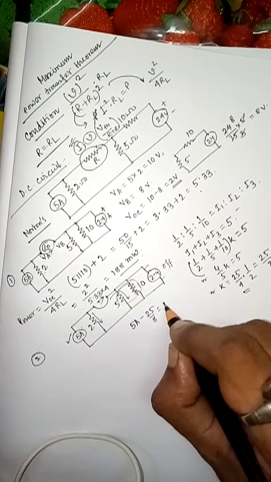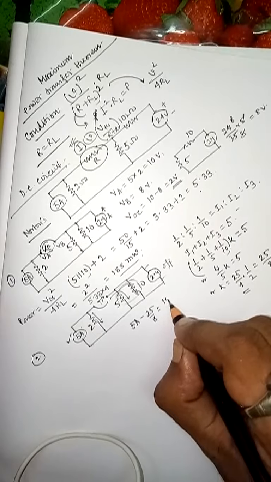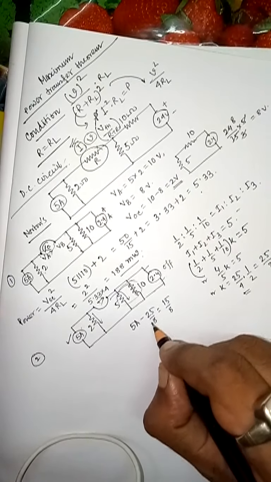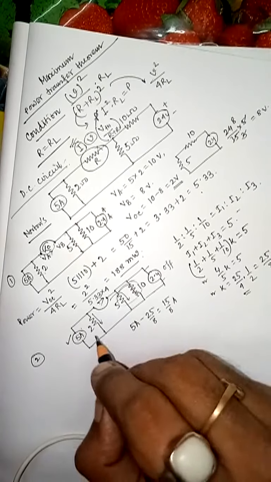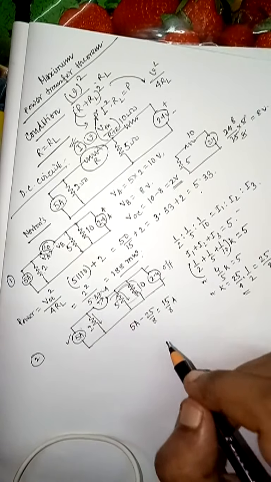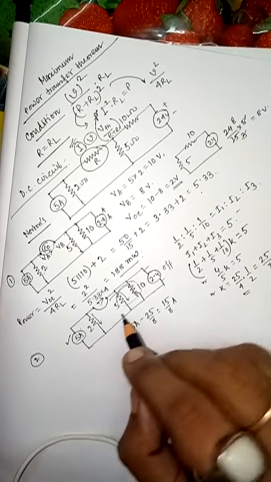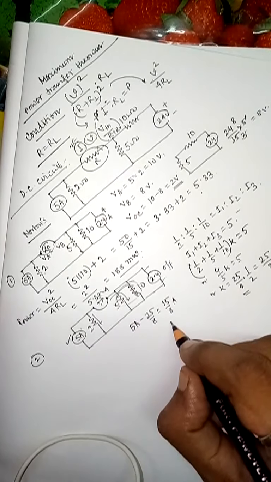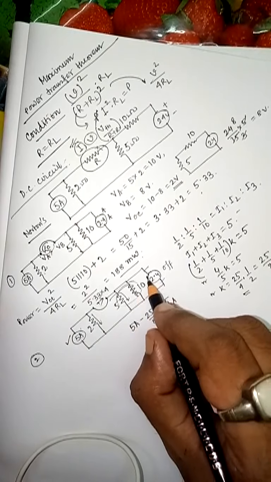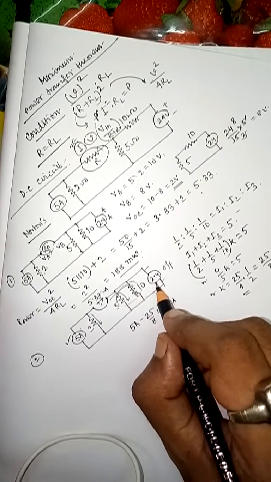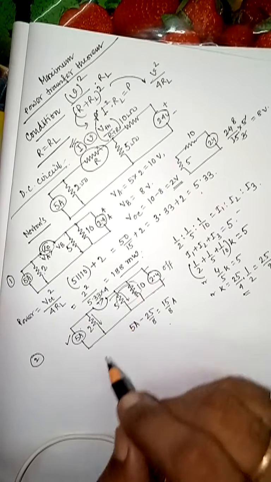So it is 40 minus 25, so it is 15 by 8 ampere, and this way. And what is this? It is 15 by 8. So if you are taking this particular one, what is the current flow? You have to calculate it out.